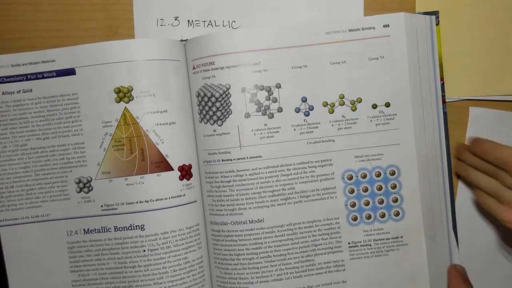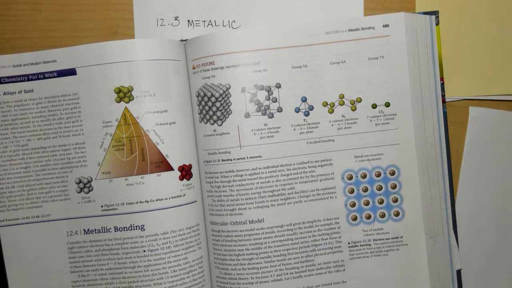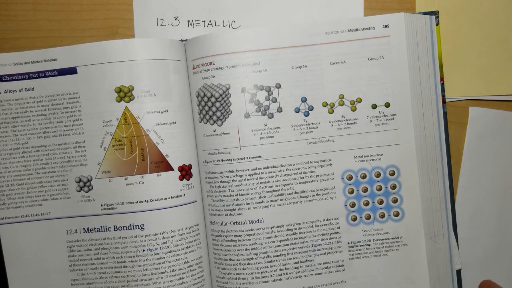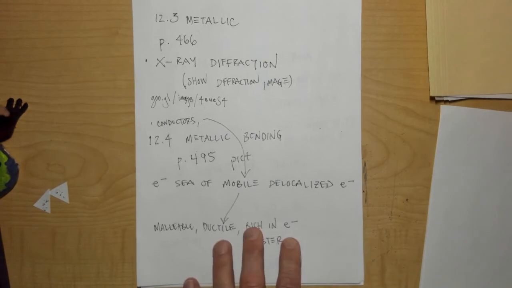Page 495 right here, you can see the mobile sea of electrons, and it's those mobile electrons, those movable electrons, that allow it to be a really good conductor of electricity. And then it also makes it so it can have a lot of shininess to it.